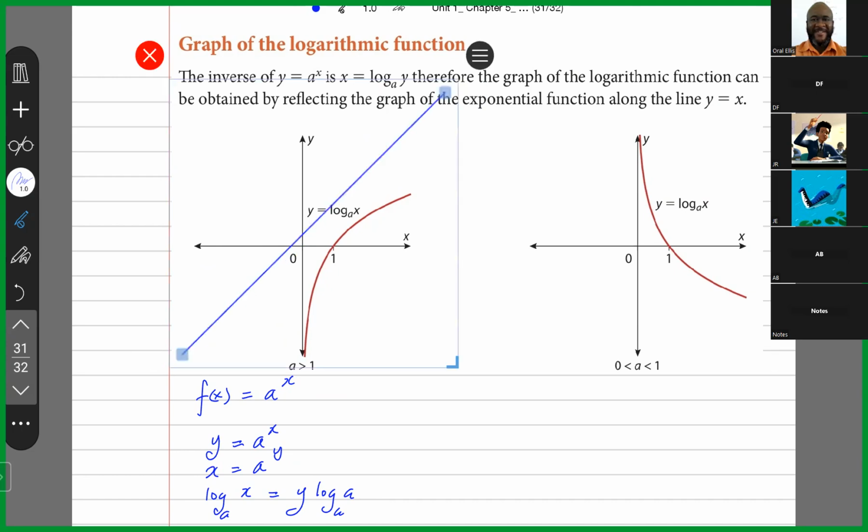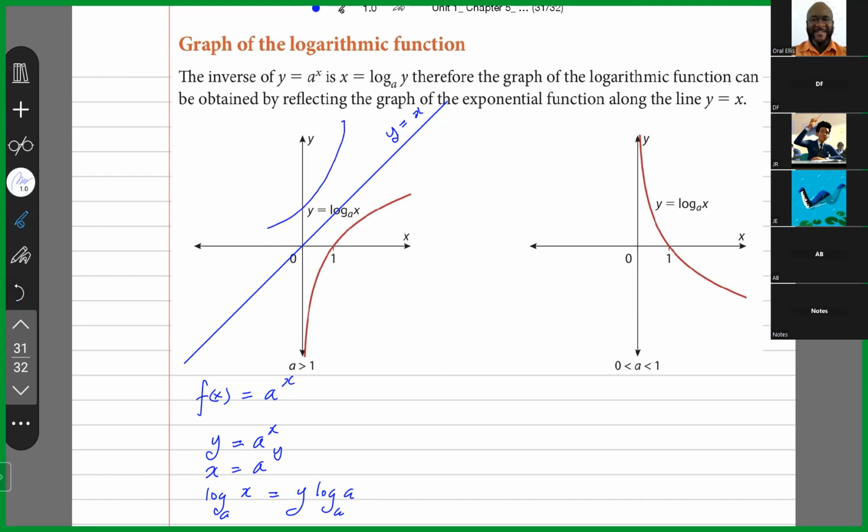So I'm just trying to give you an idea as to what this guy is saying. This is the line y is equal to x. Now, this would be the graph of y is equal to a to the x.